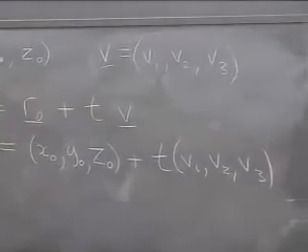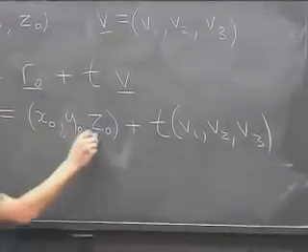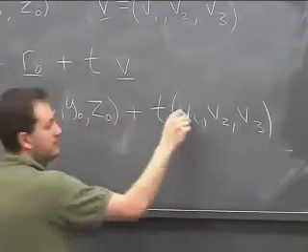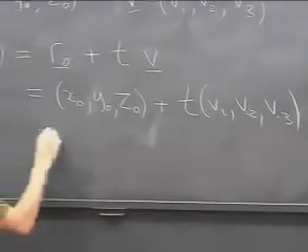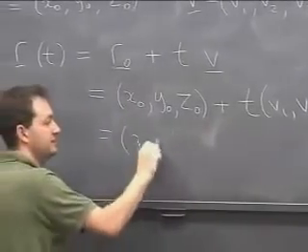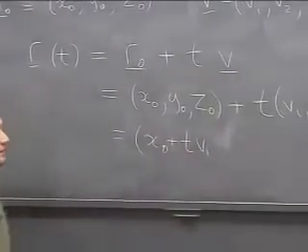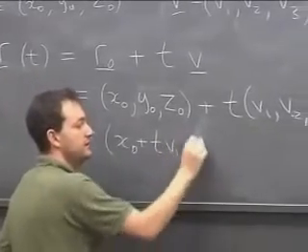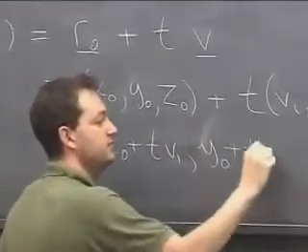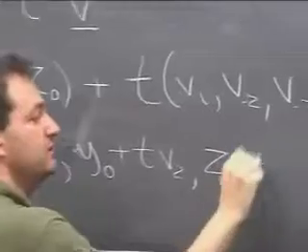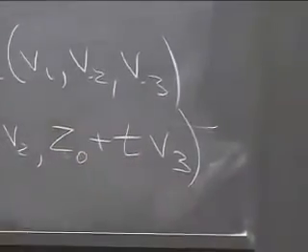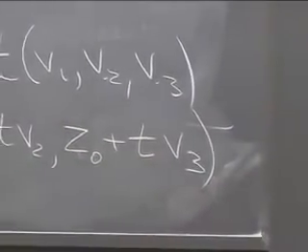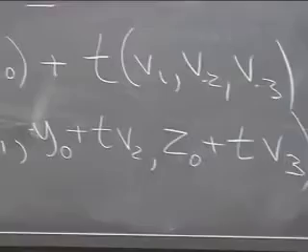Don't ask me why the textbook decided to use x, y, z, and then v1, v2, v3. I'm sure it made some sense to them. The first coordinate, x0 plus t v1. Then y0 plus t v2. And z0 plus t v3.